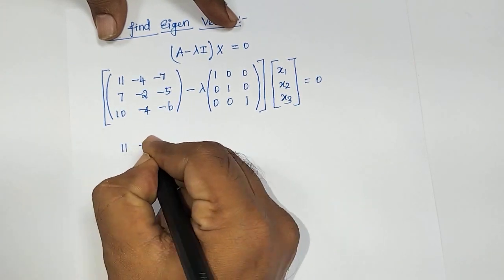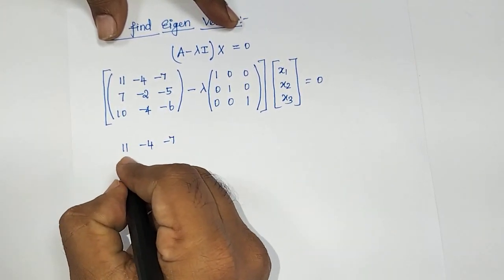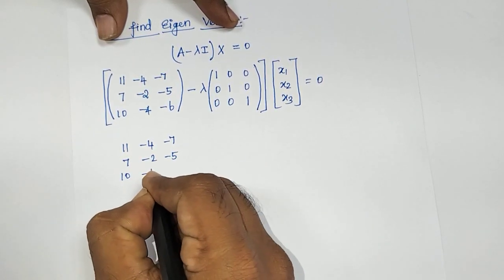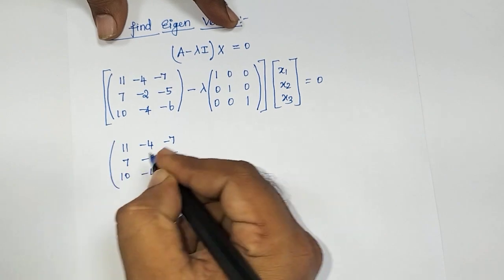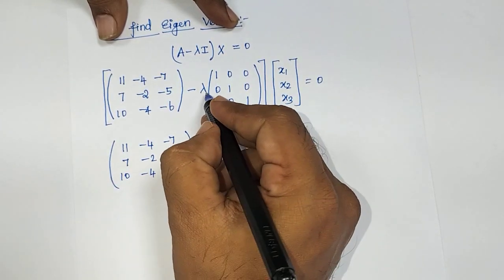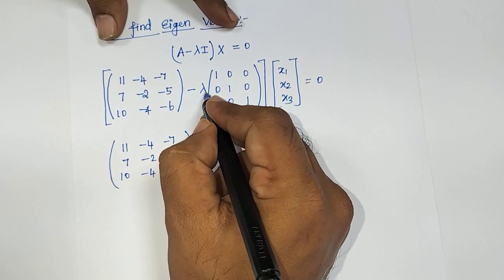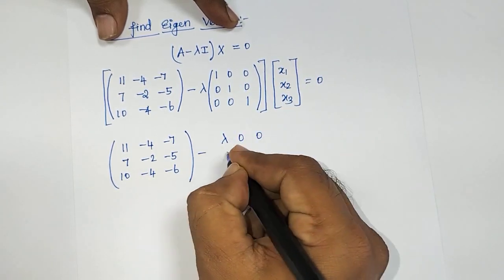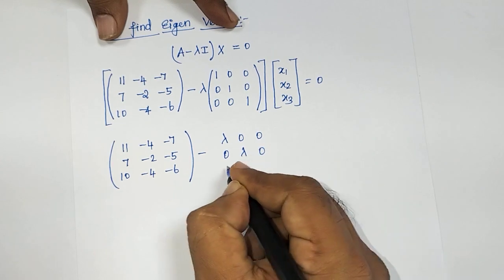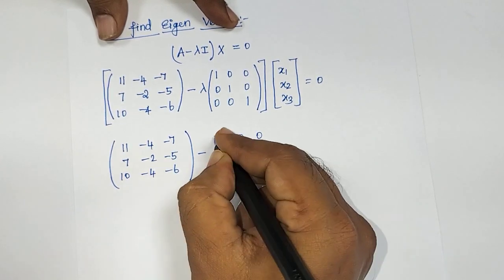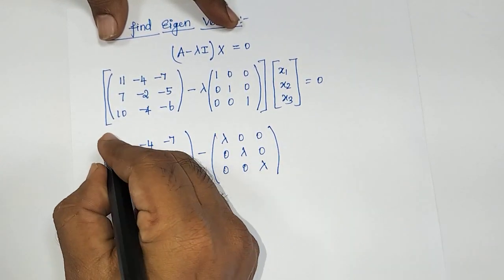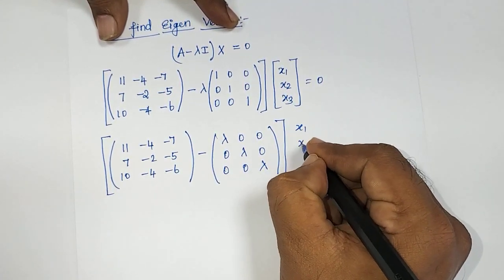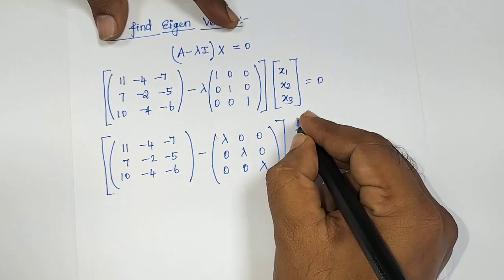And again I'm writing 11, minus 4, minus 7; 7, minus 2, minus 5; 10, minus 4, minus 6, and minus of, now you can multiply with this lambda, this matrix. So you'll get lambda 0 0, 0 lambda 0, 0 0 lambda, and x1, x2, x3.